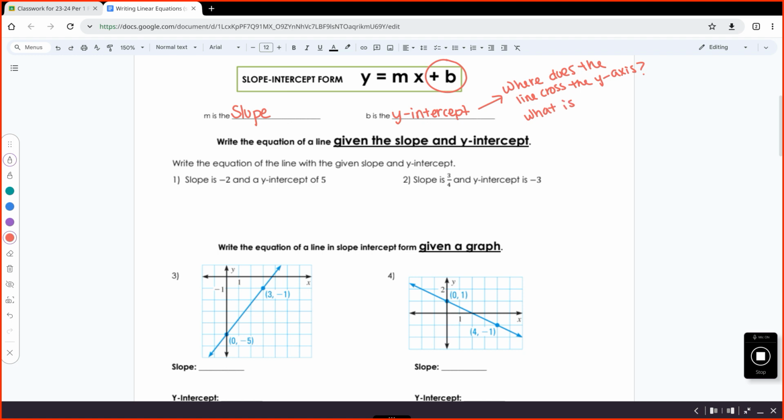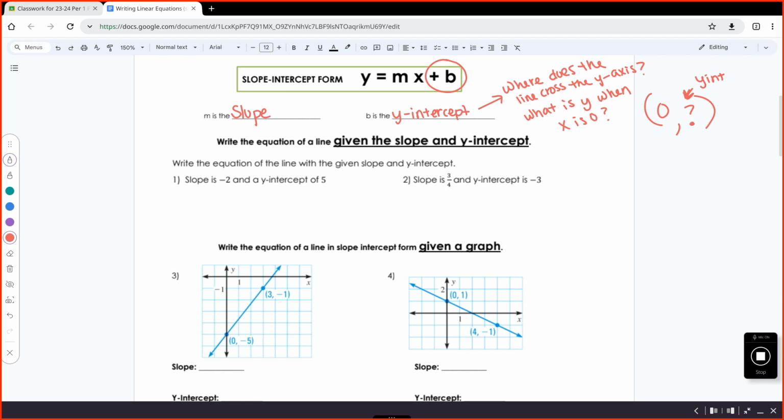What is y when x is 0? Okay, so when you have an ordered pair of 0, comma, whatever this is, this is your y-intercept. This is the point where it crosses the y-axis.